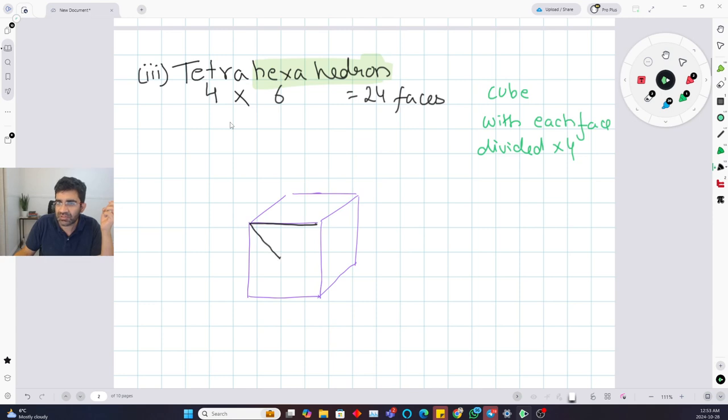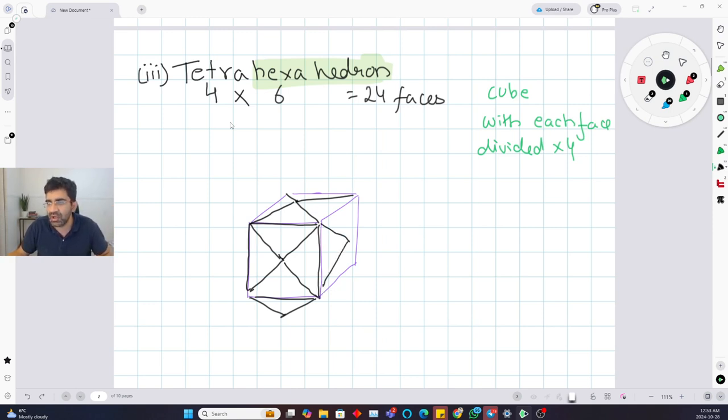This face will be divided into 4 faces, which are kind of coming out. This is further divided into 4 faces. This is divided into 4 faces. And similarly, this face is divided into 4 faces. All the faces are basically divided into 4 faces.